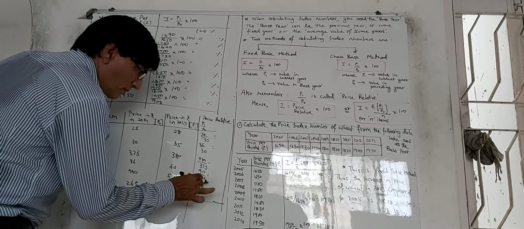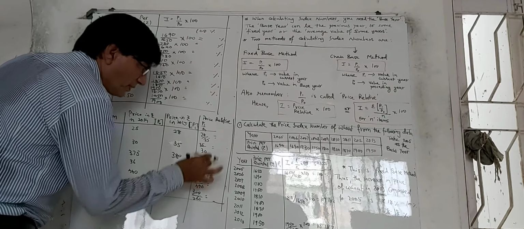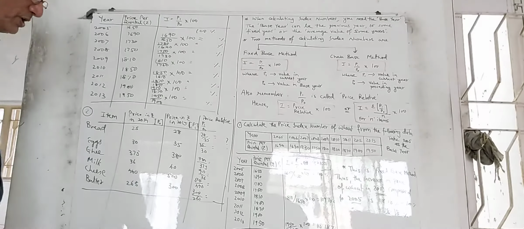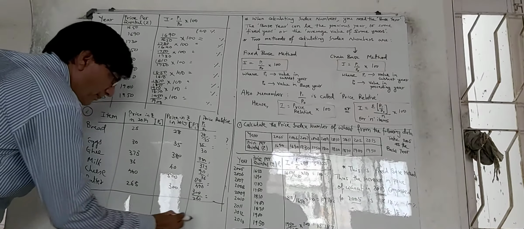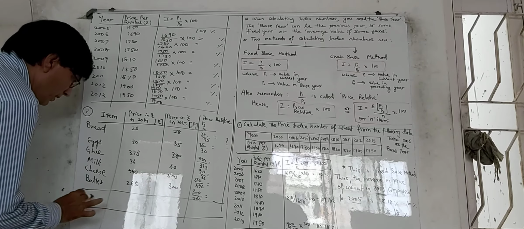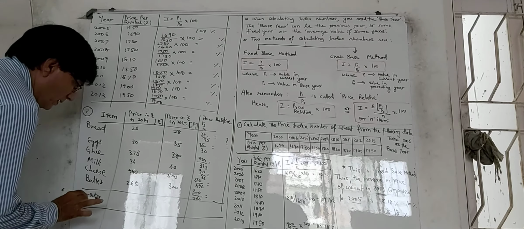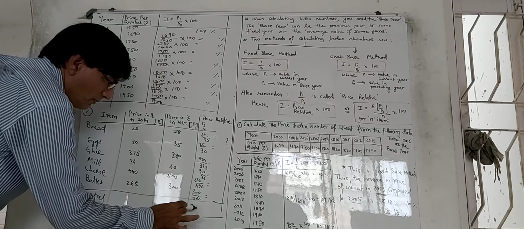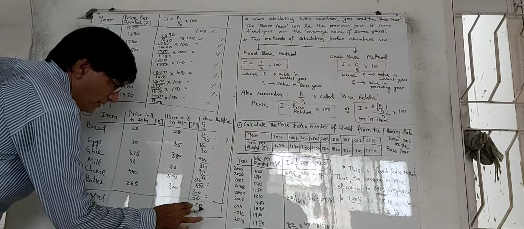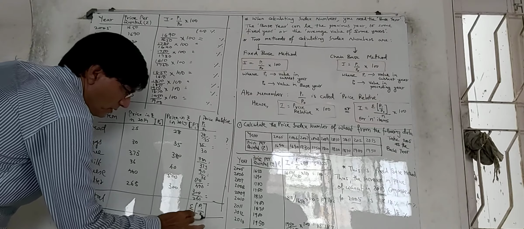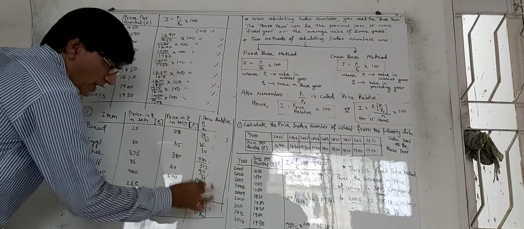Now these will give you the price relative for each item, and then we simply total it up. This is your sigma value of P1 upon P0. Add up all this and you get this value.